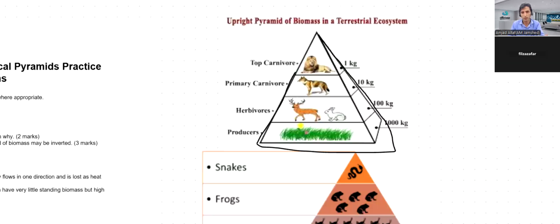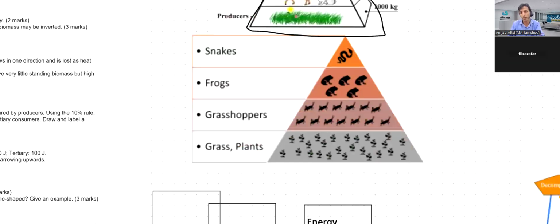Let's suppose I show you here, this is the pyramid of numbers. You will see here the grass and the plants are in larger number. Then you have the grasshoppers, which are fewer compared to the grass and plants. Then you can see the frogs, which are also fewer in number. And then at another trophic level you have the snakes, and there is only one snake in this case.